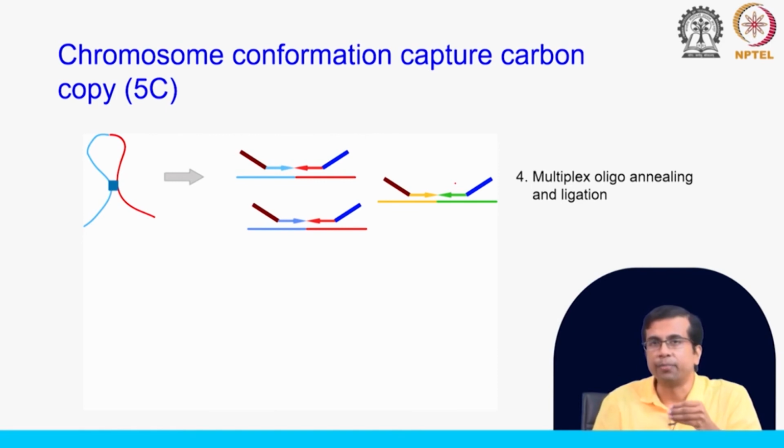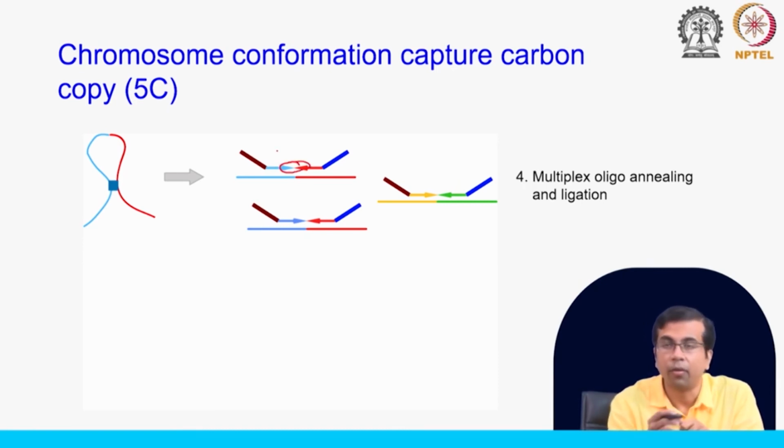So, what is this multiplex oligo? You have this pair of oligos, right, that can bind or recognize different regions of the genome, and then they can anneal to those fragments of the genomic regions, and also can ligate with each other. So, there is this ligation between the oligos.